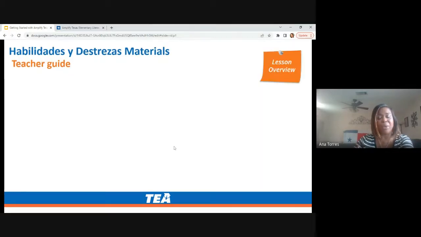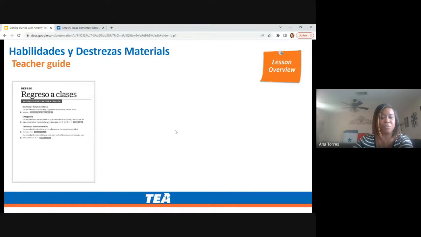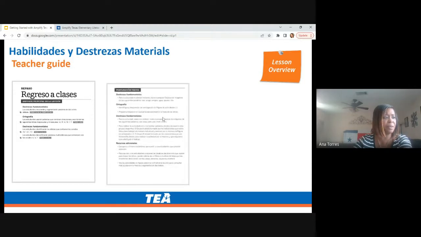Now we're going to segue into our section of the lesson overview. So there you're going to find, as you move through your lessons, this is an example of a lesson, the primary focus of the lesson, which states the main purpose of each activity and the standard it covers. You're also going to be looking at how to prepare, what background knowledge students need to have.